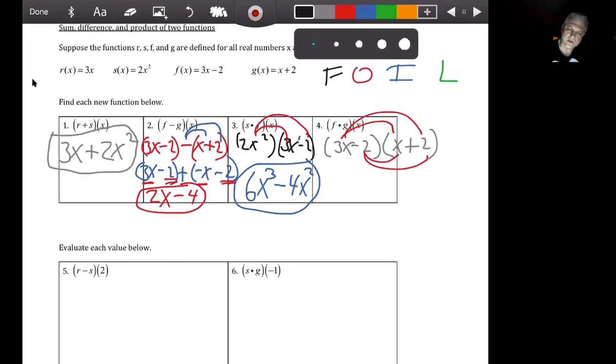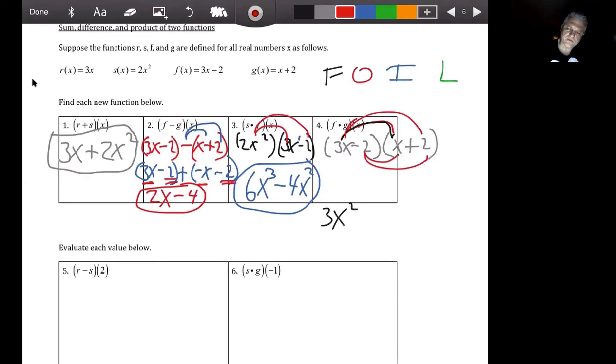Let's go color coded. 3x times x, so that's 3x squared. Outer: 3x times the plus 2. So 3x times positive 2 is positive 6x.